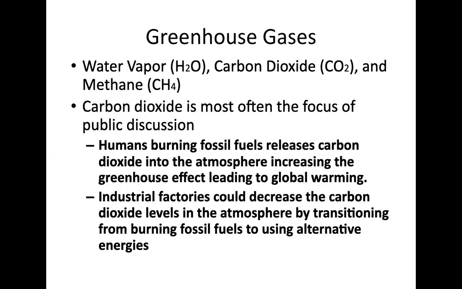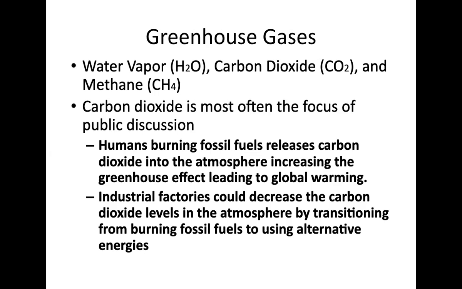So they also emit greenhouse gases into the air. Some other examples are water vapor and methane, but CO2 is a really, really big one. Carbon dioxide is most often the focus. Humans burning fossil fuels release carbon dioxide into the atmosphere, increasing the greenhouse effect, which eventually leads to global warming.